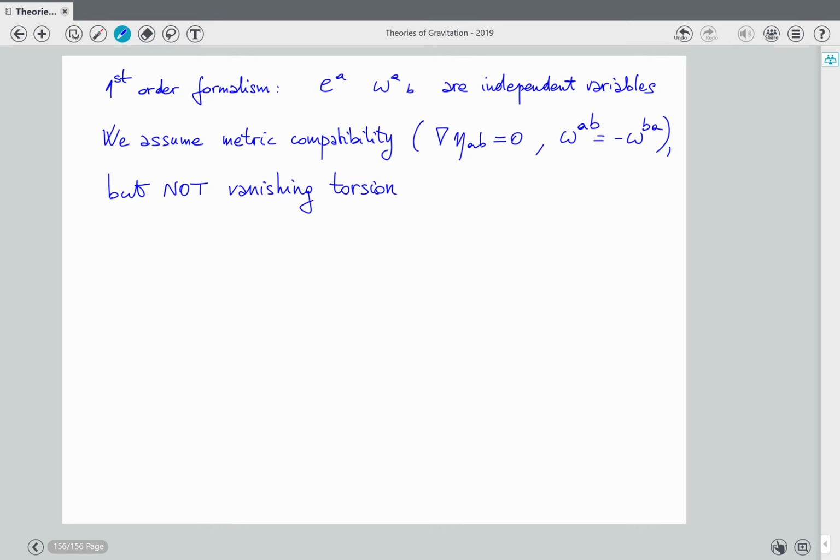Because if you assume both, then the spin connection is not free, it is dependent. It depends on the field vierbein, as we know, and so you cannot use the first order formalism.